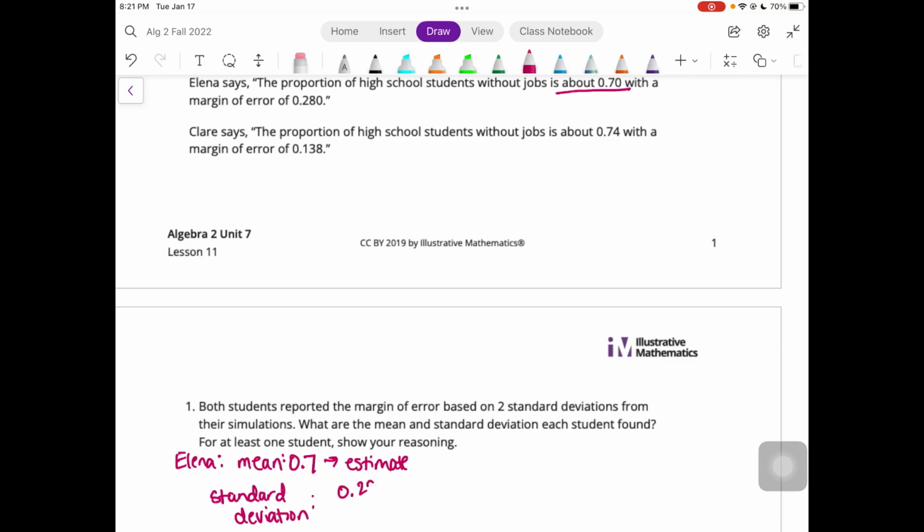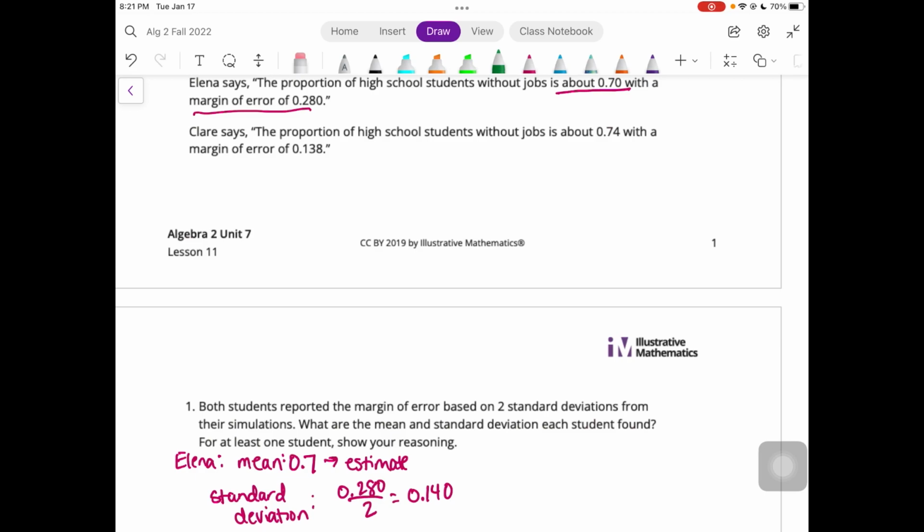So 0.280 divided by 2 gives us 0.140. So her standard deviation is about 0.14, because to give the interval, she would subtract 0.14 and add 0.14.